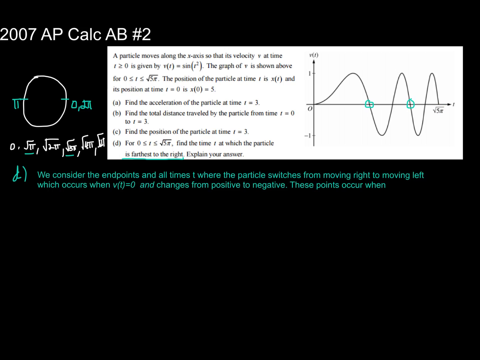So I will write in my solution here, this is when t is equal to square root of pi and the square root of 3 pi. So now at this point, all we need to do is compare the position at all of these points that I've identified, at 0, at square root of pi, at square root of 3 pi, and at square root of 5 pi.